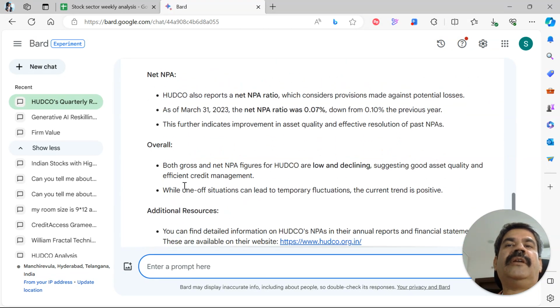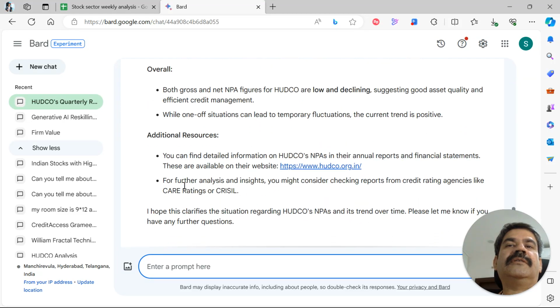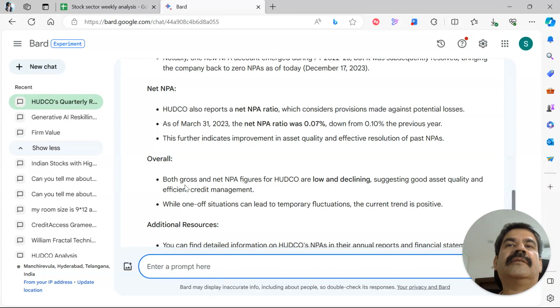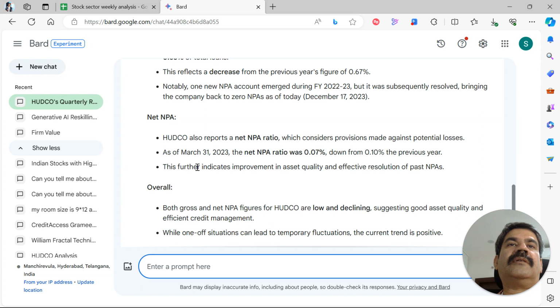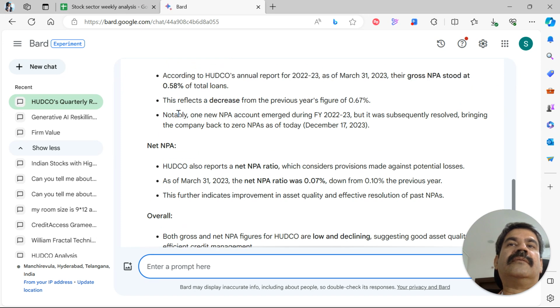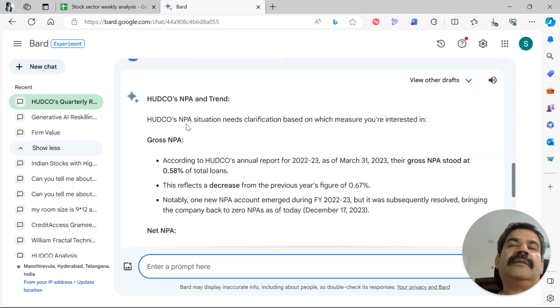So the NPA, it has only from the 31st March, so it's indicating that it is not growing. It indicates a decrease.